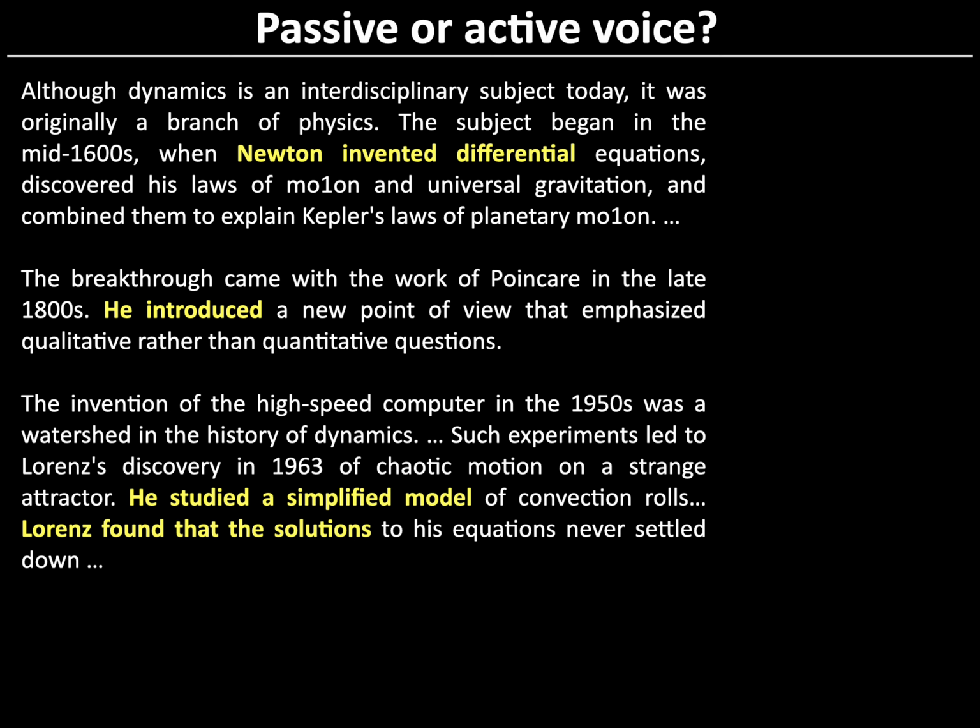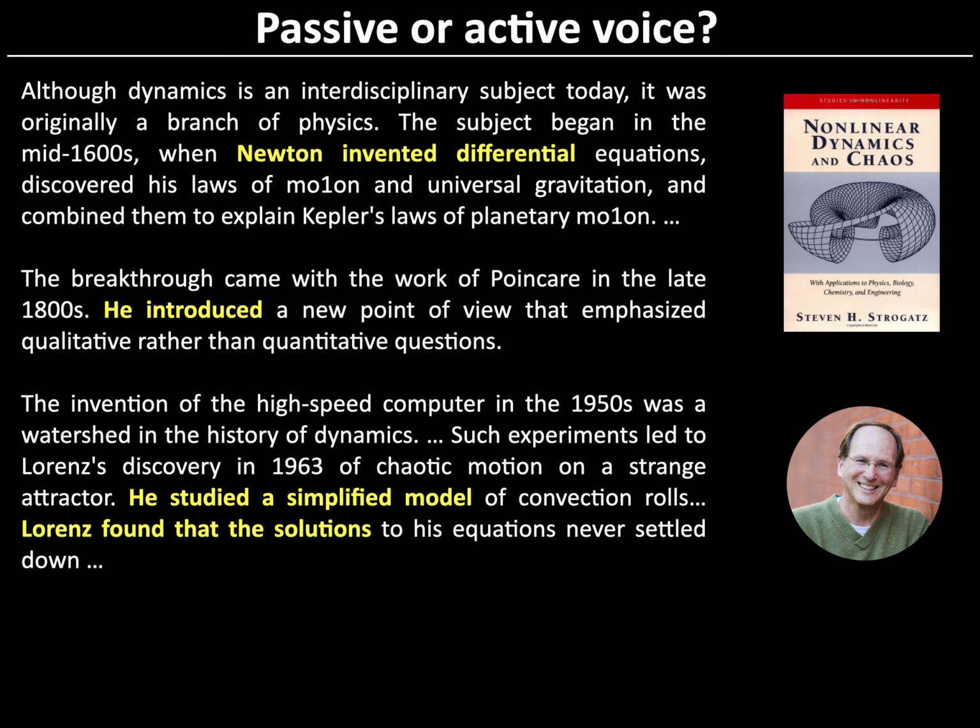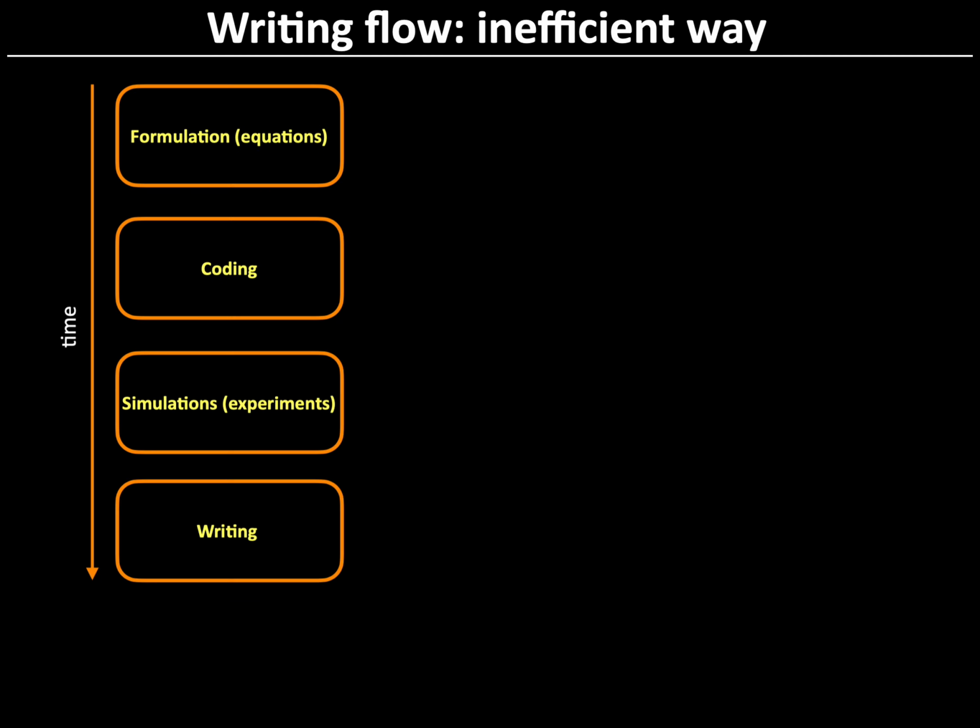"Experiments led to Lorenz's discovery in 1963 of chaotic motion. He studied a simpler theory. Lorenz found that..." You see, active again. This is from Nonlinear Dynamics and Chaos by my favorite author, Steven Strogatz from Cornell University.